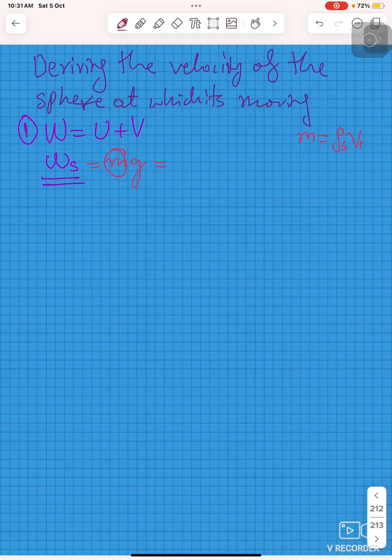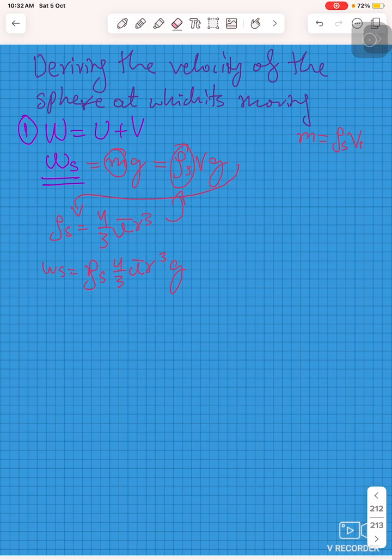Now expand it again: density of the sphere, volume, g. We can expand it more. We all know that the volume of a sphere is nothing but 4 over 3 pi r cube. Put that in this equation, we get Ws is equal to rho s 4 by 3 pi r cube g.